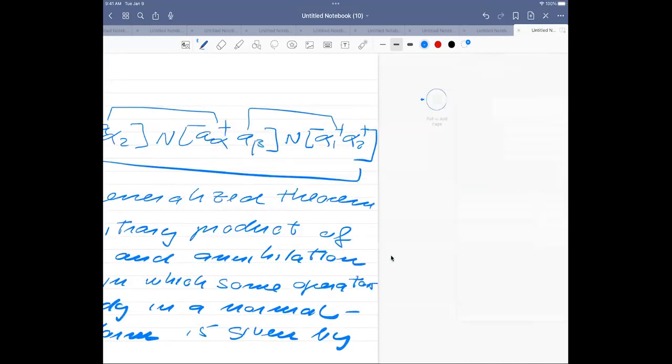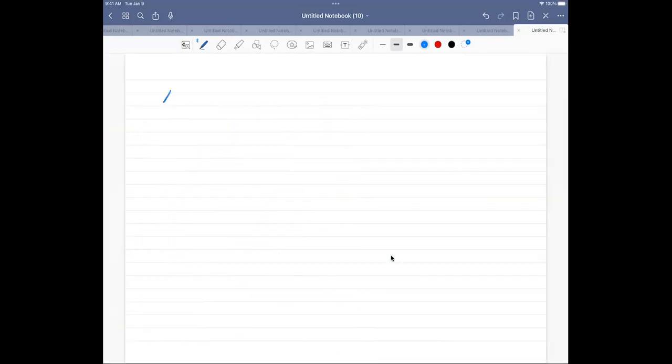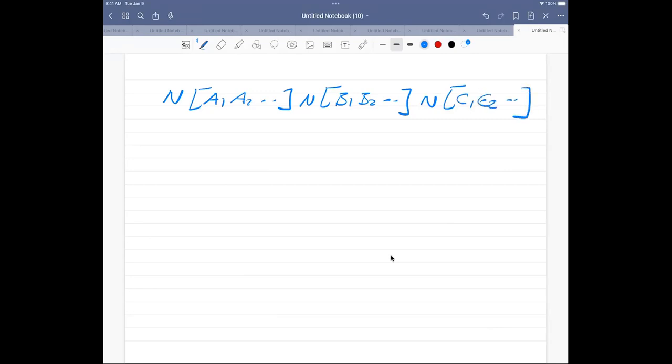So we have N of A1, A2, etc. And then there is a product of N of normal ordered operators, B1, B2, etc. And then we have a new normal ordered set of operators, C1, C2, etc. So this is a chain of operators.